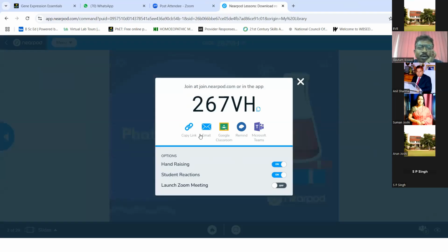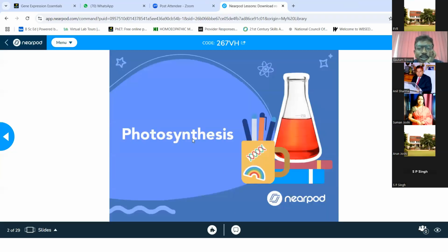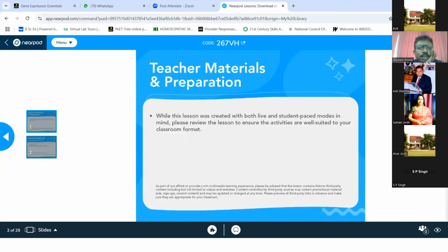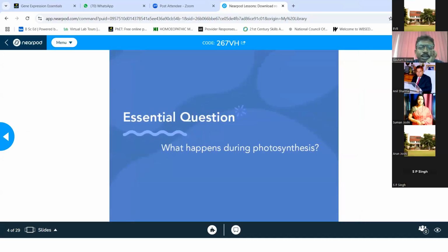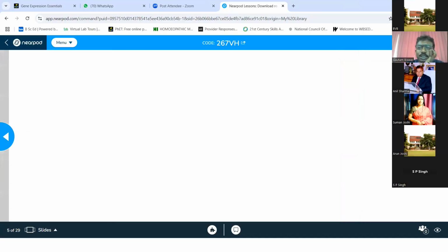You can share the link or email or through Google Classroom, or in WhatsApp also, you can share the link. Once you share the link, you can go to the class and just see the material, teacher prepared material. And how to use it, they're showing it. What happens during photosynthesis.